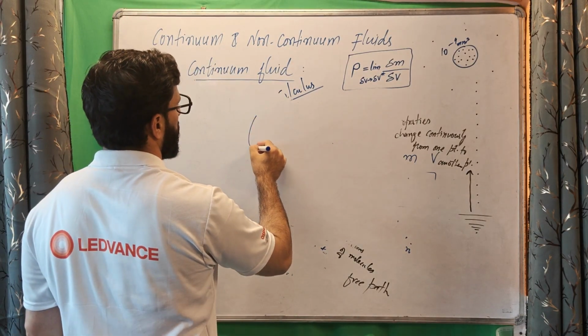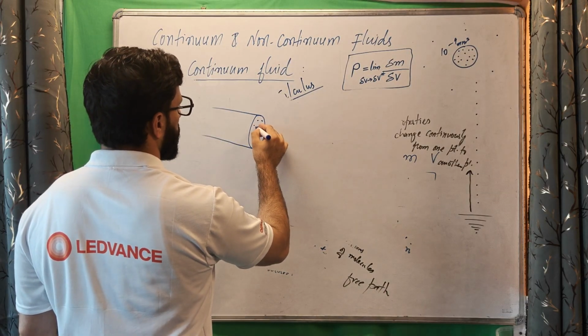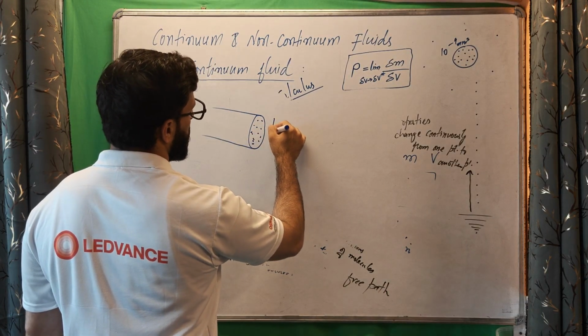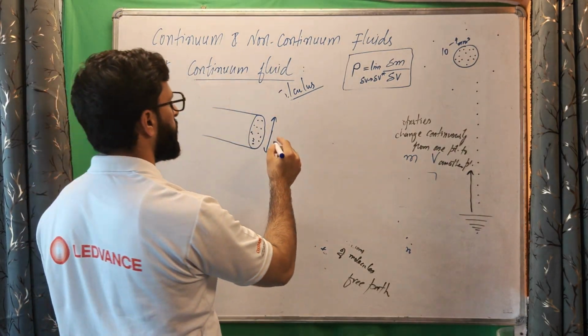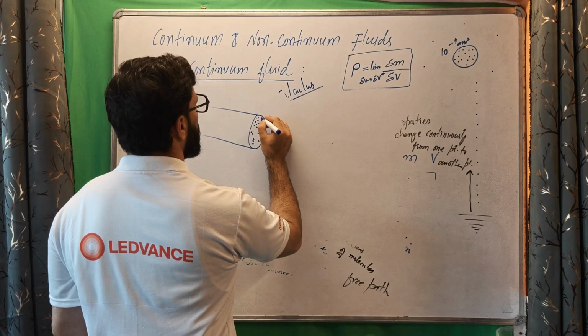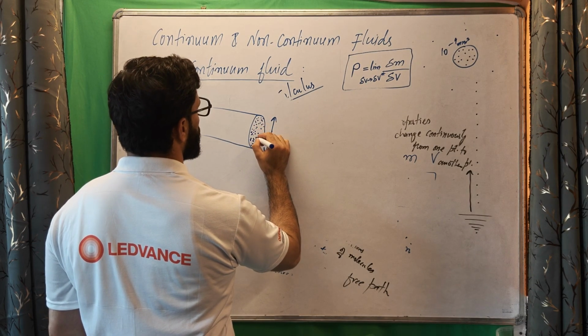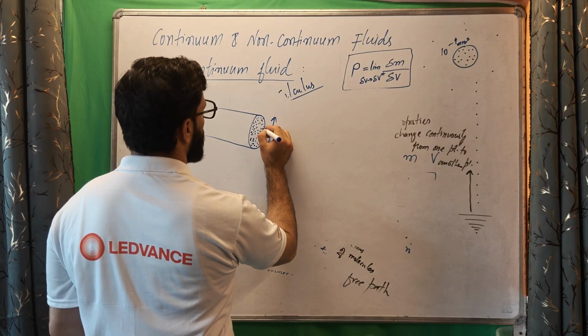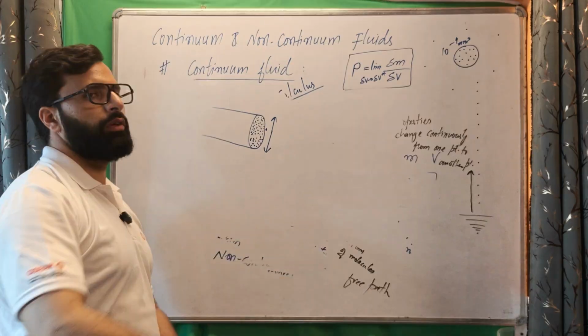For example, flow in a pipe. Here, the physical dimension of the fluid is this, and there are a large number of molecules, and the free path is very small as compared to the physical dimension of the fluid problem.